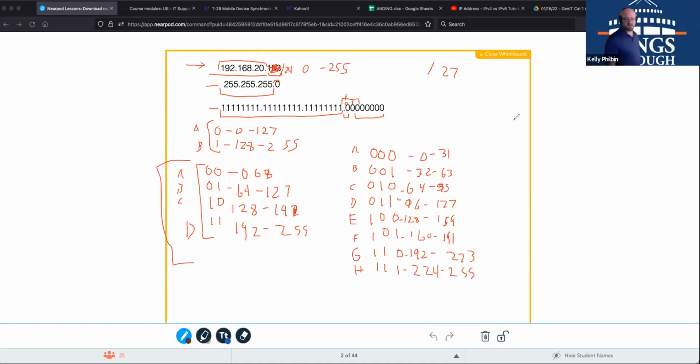Is this starting to make sense? Nessanet, if my last octet was 35, which network would I fall in? B. Perfect.